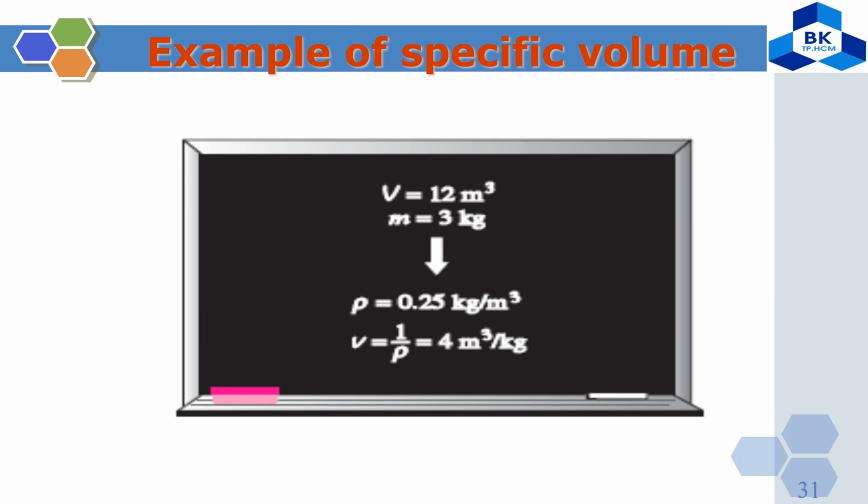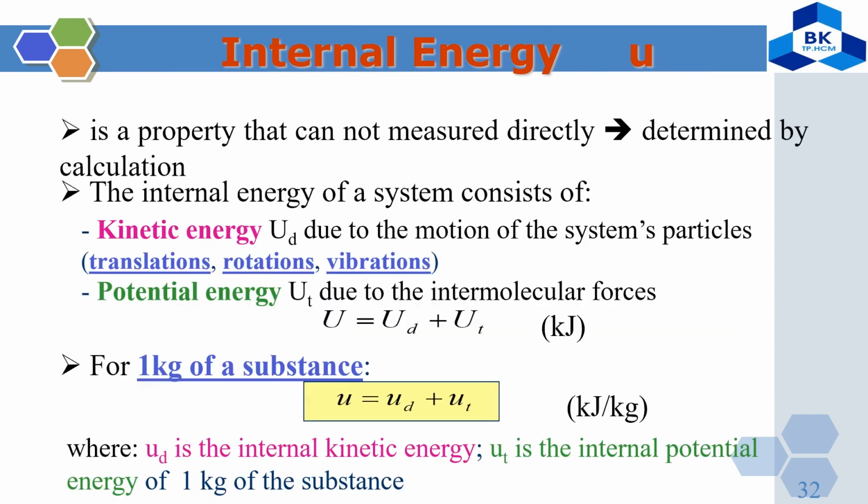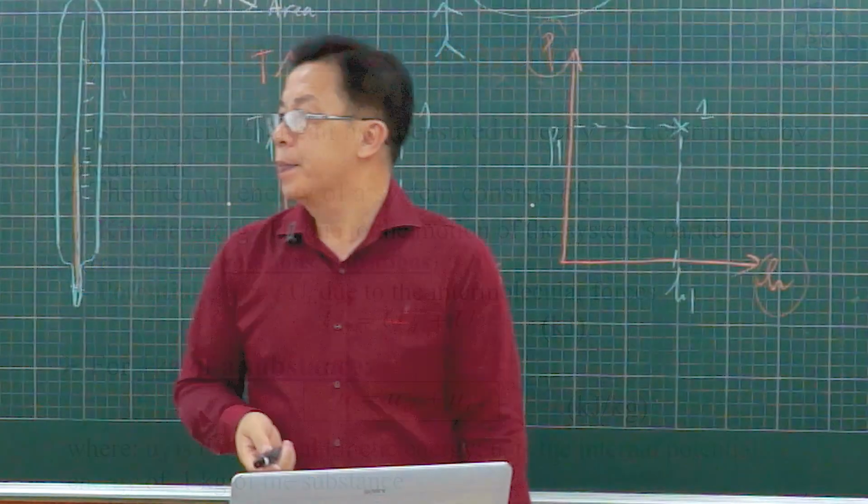So rho will be m divided by V, that means 3 divided by 12, we get 0.25 kilogram per cubic meter. For the specific volume v, it will be 4 cubic meter per kilogram. Okay, so that is about the 3 basic measurable properties of the substance.